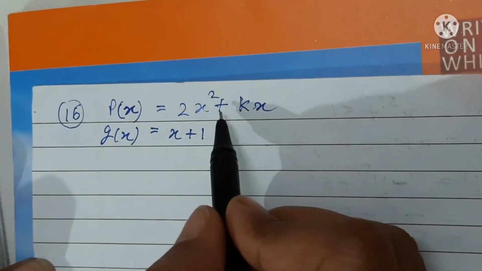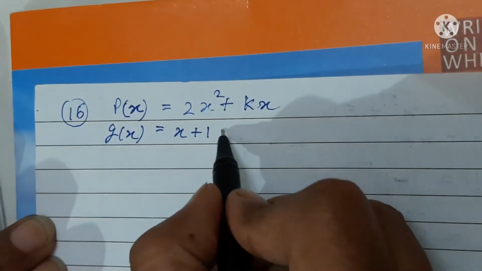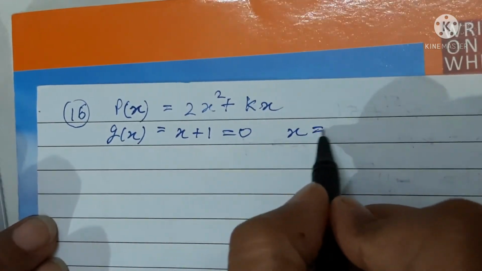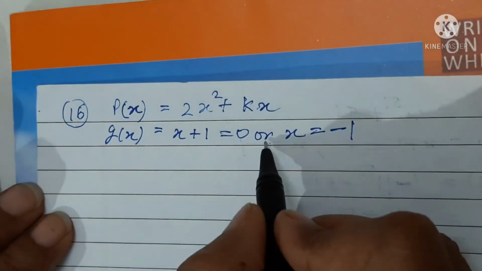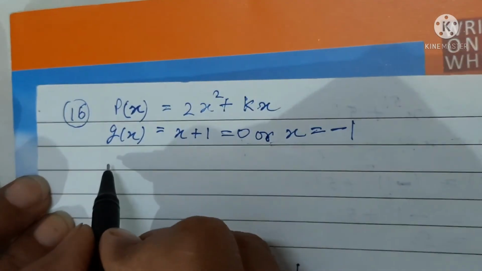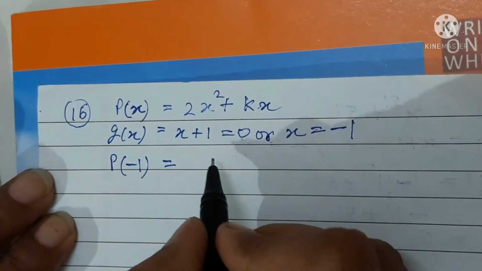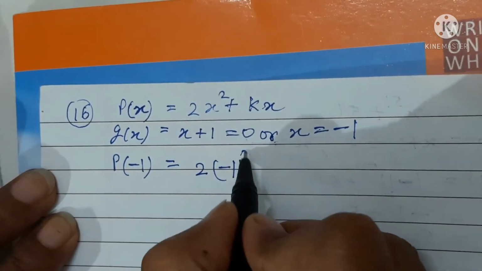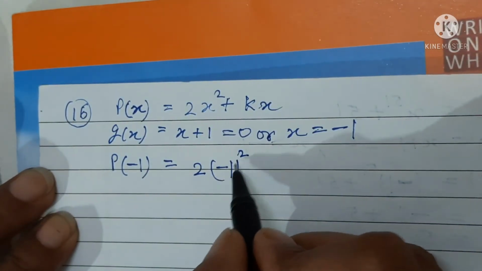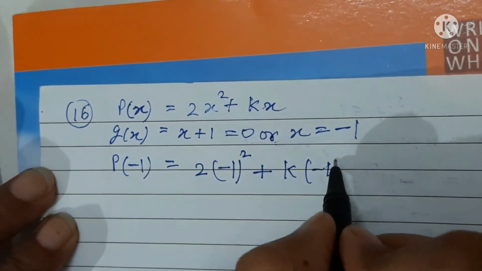Our polynomial is px, gx is x plus 1, this thing is equal to 0, so x is equal to minus 1. Substitute this value: p minus 1 is equal to 2 into minus 1 square plus k into minus 1.